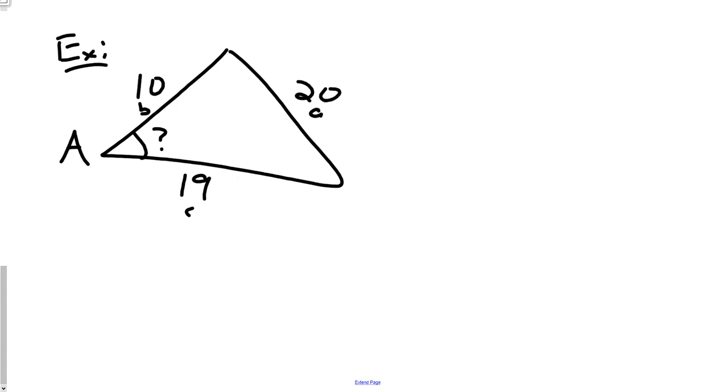So now when you plug this into your equation, remember it's a squared equals b squared plus c squared minus 2bc cosine A, right?